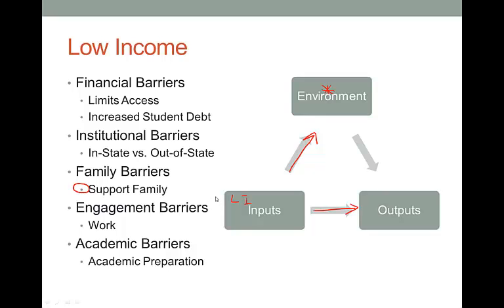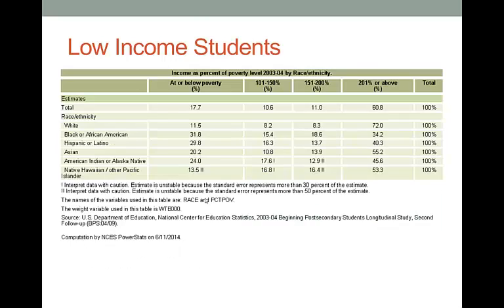Now, what does the low-income student look like? Well, here I have a chart, it's about 10 years old, that I pulled from the National Center for Education Statistics. And we can see that at or below the poverty level, which is $20,000 or less, minorities are more likely than white students to be low-income students.